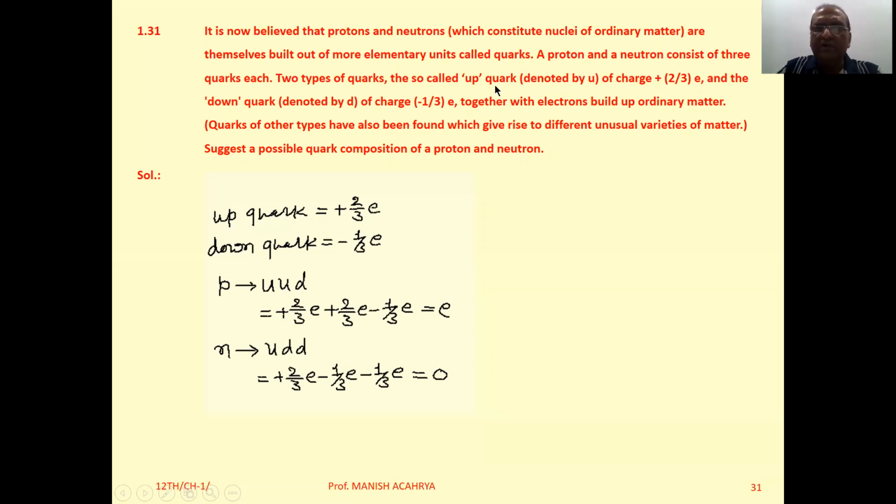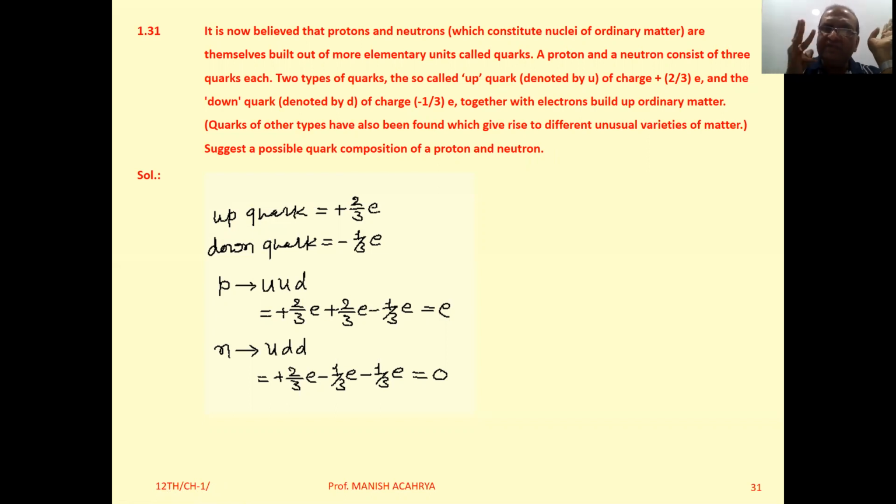In short, we have to think about 2 quarks, up and down, and their charges are plus 2/3 e and minus 1/3 e respectively. Then we have to think about the possible composition of proton and neutron. Now the charge of proton is plus e, the charge of neutron is 0.